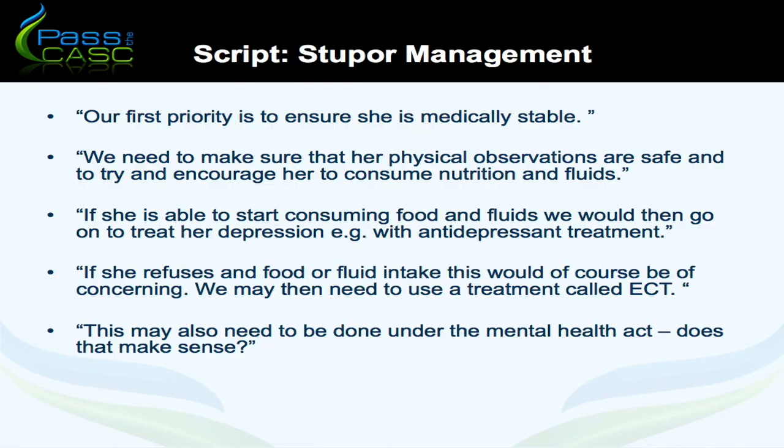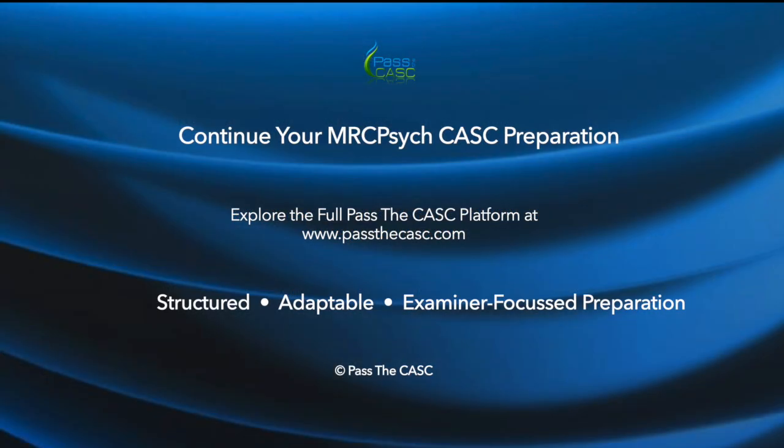But if she refuses food or fluid intake, this would of course be concerning, and we may then need to consider using a treatment called ECT, which she's had before. And these treatments may also need to be done under Section or under the Mental Health Act. Does that make sense? So those would be some potential script lines that you could use when practicing a station like this. So good luck with it, and I will see you in the next tutorial.